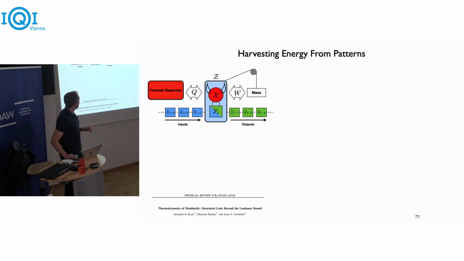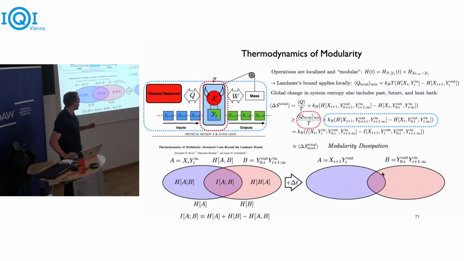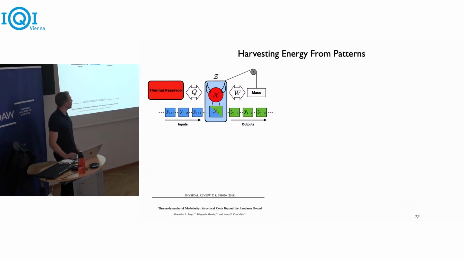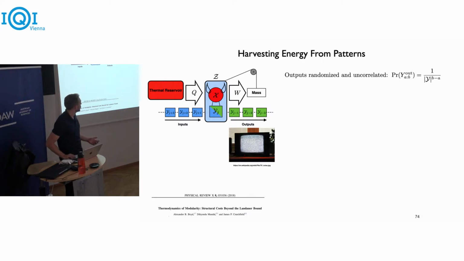So with this modularity dissipation, we can start to analyze particular types of computations. One computation you could look at, for instance, is what if you have a pattern in your inputs that you want to turn into energy. That means you're moving thermal energy into work energy. And to do this, you're going to randomize your output as much as possible, make it white noise.